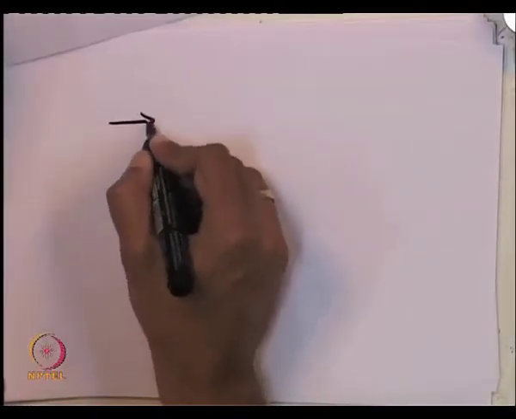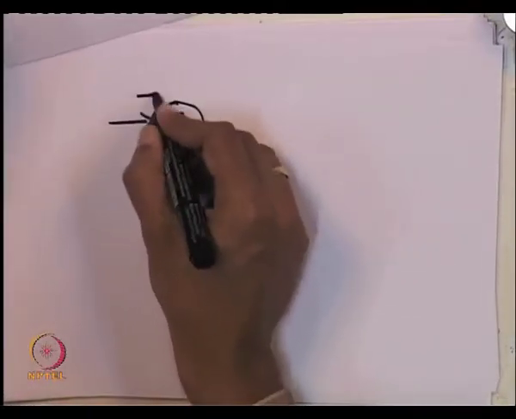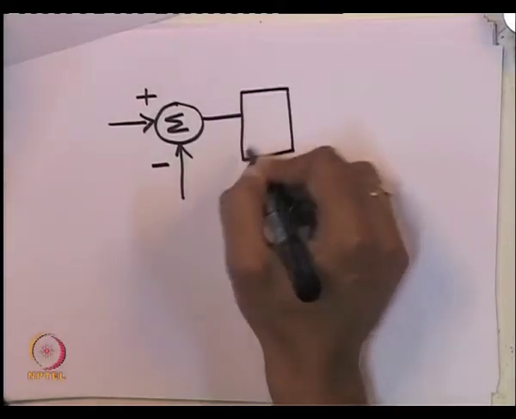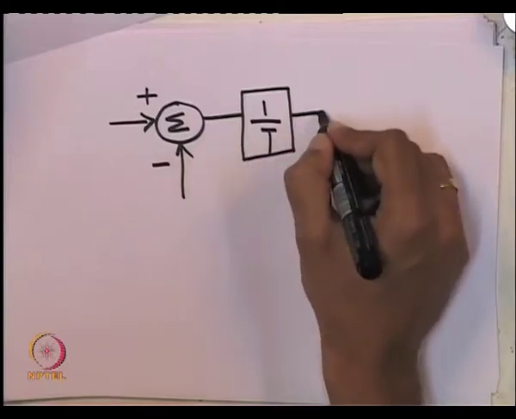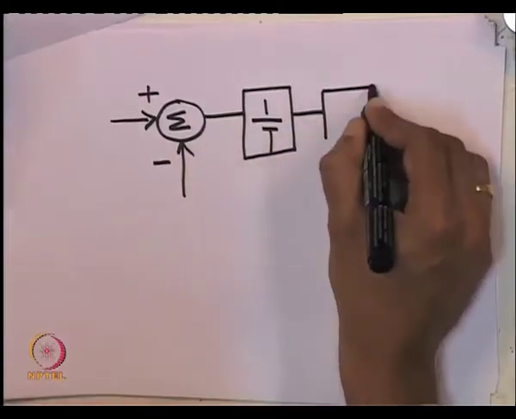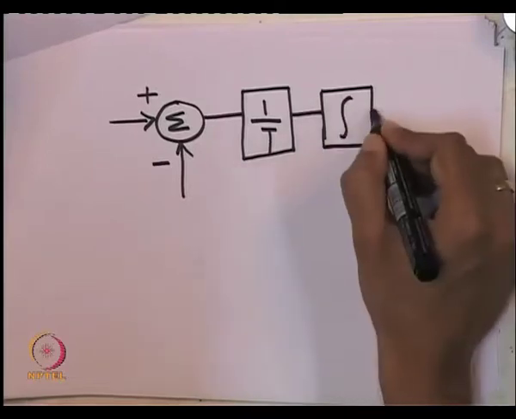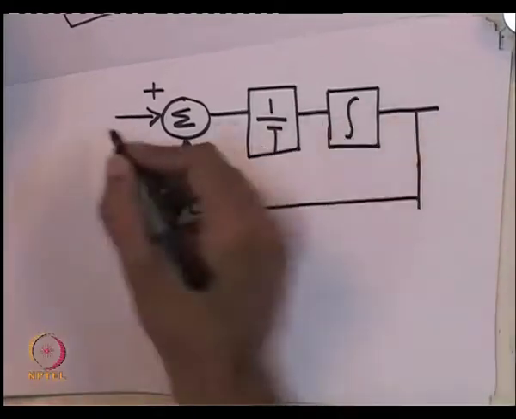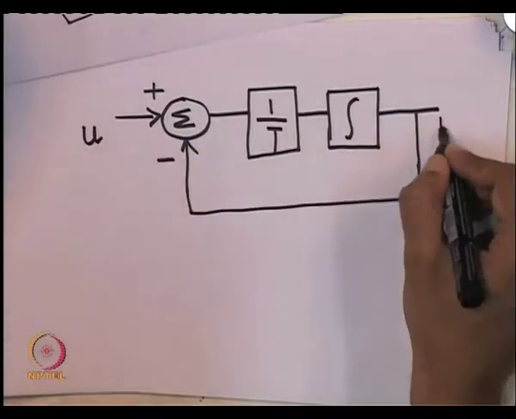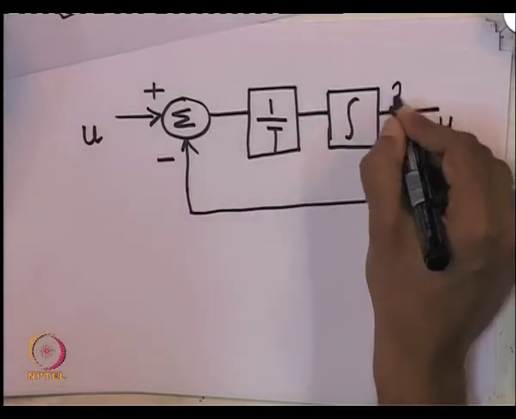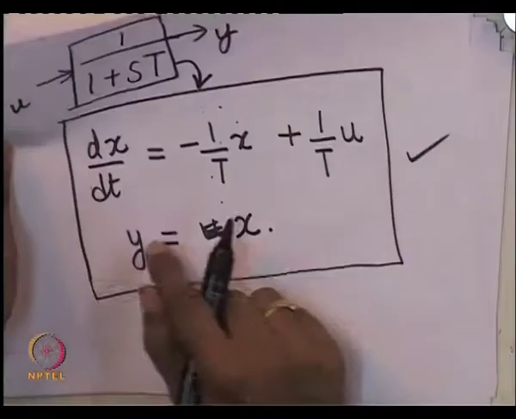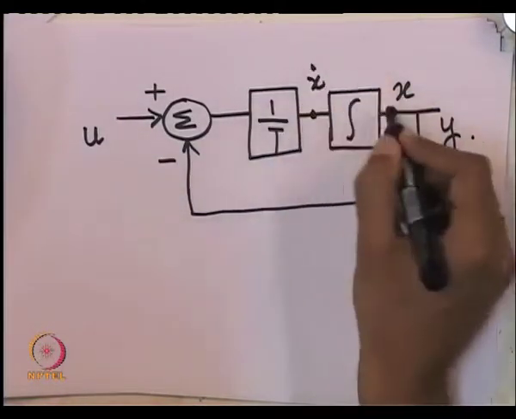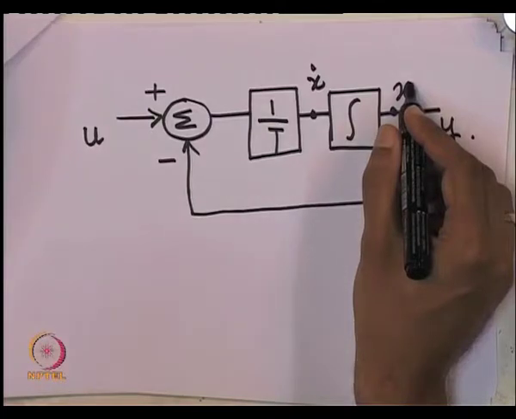I can rewrite it as a kind of integrator. This is u and this is y. This is x, x is equal to y. This is x dot, if you integrate x dot you get x.